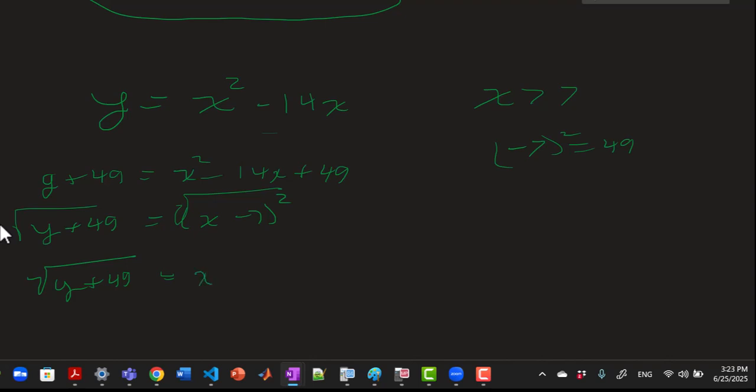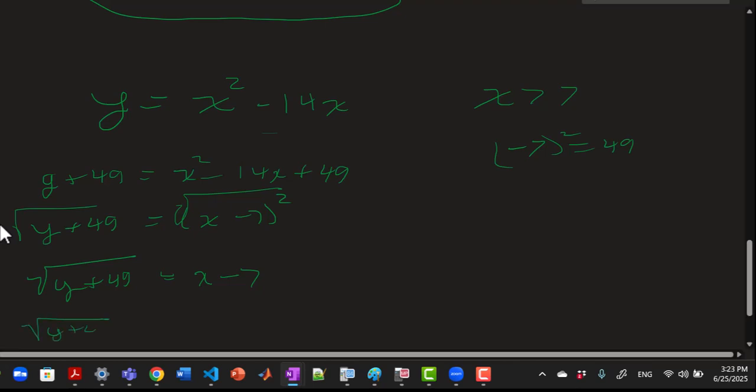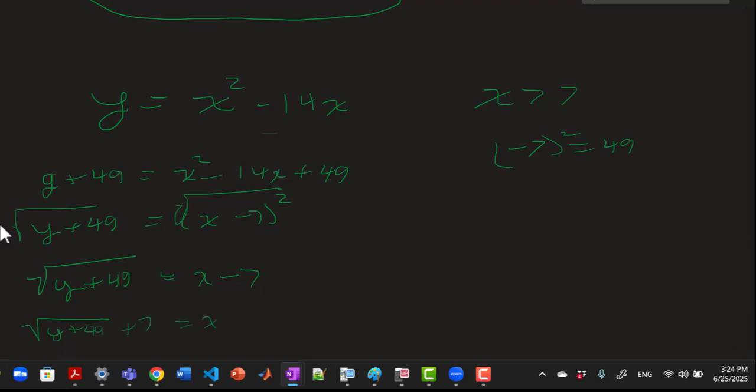Equals x minus 7. Then I add 7 to both sides. Square root of y plus 49, plus 7, equals x. So I waited to the end to swap my x and y. y equals the square root of x plus 49, plus 7, and that would be my inverse function.